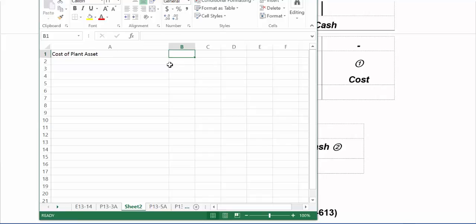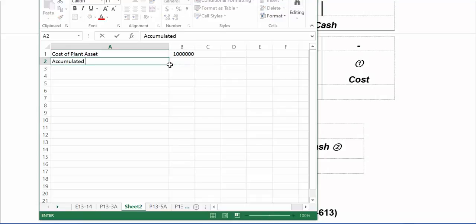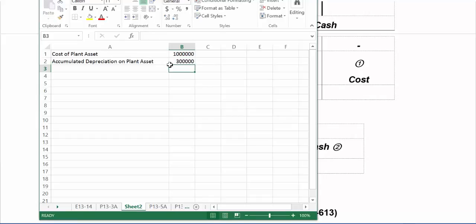Let's say its cost to us was $1 million, and accumulated depreciation, let's say that was $300,000. The book value is the net of the two.